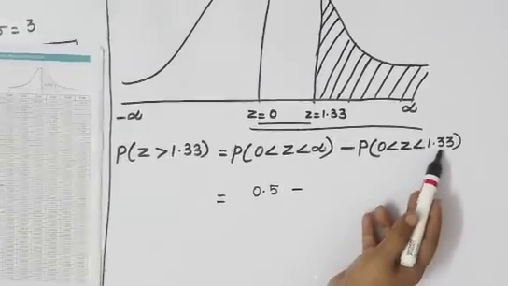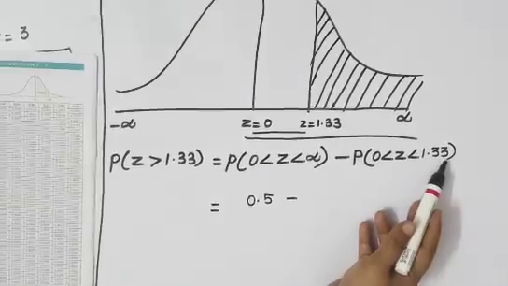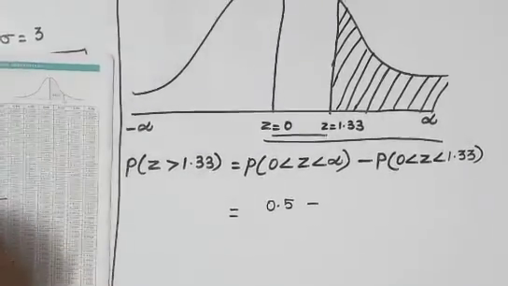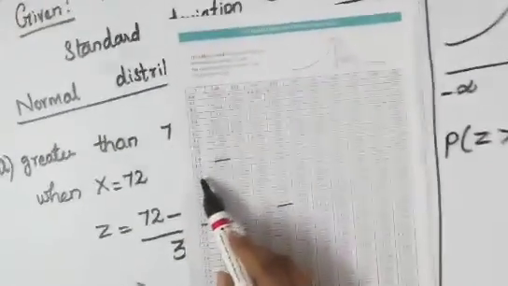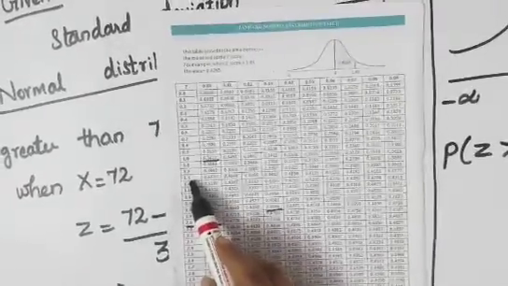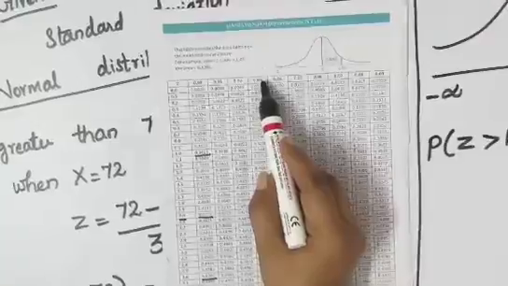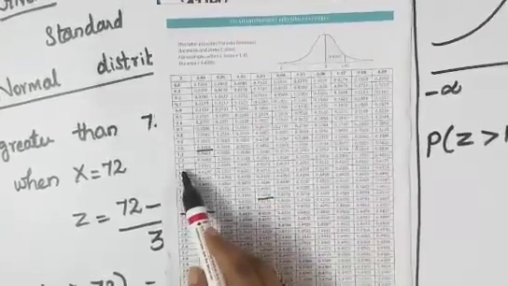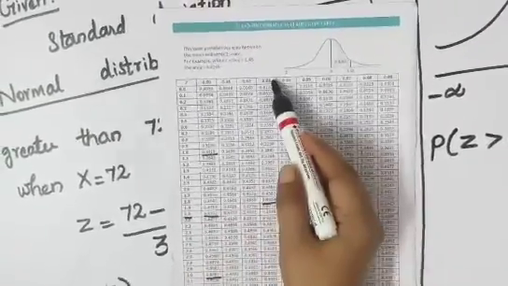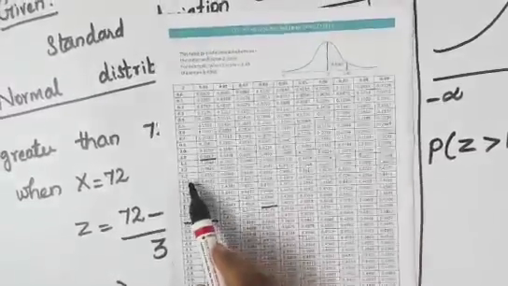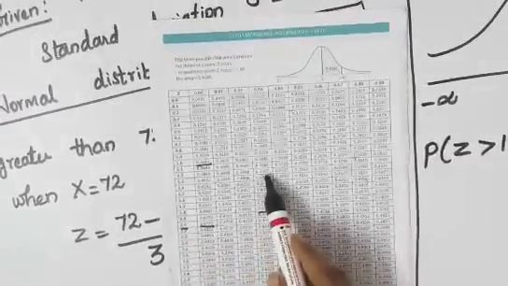So 1.3, and then 3, you'll have to find it. Just come back here. So 1.3 is there, and straight to that you will have to go to 3, because it is 1.33. So 1.3 is there and the next 3 you will get it here. Straight to that in this line, and here 3 is there.